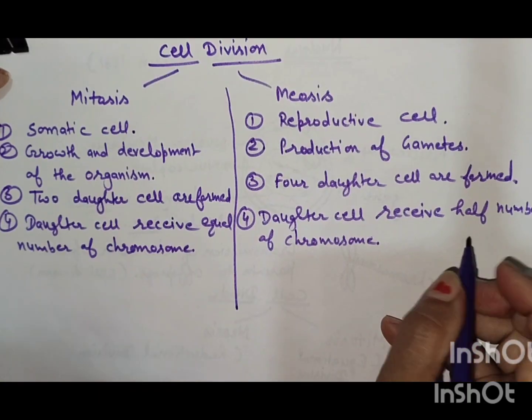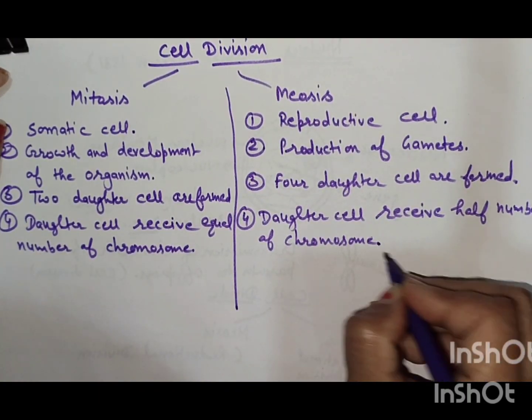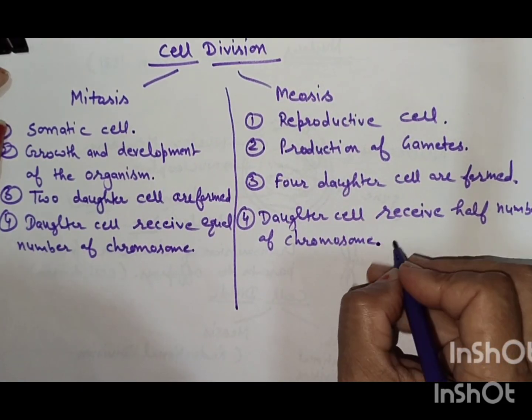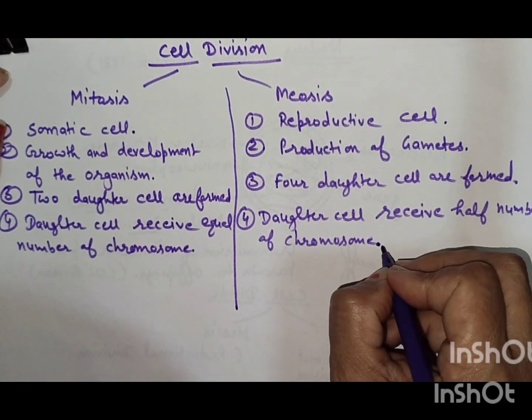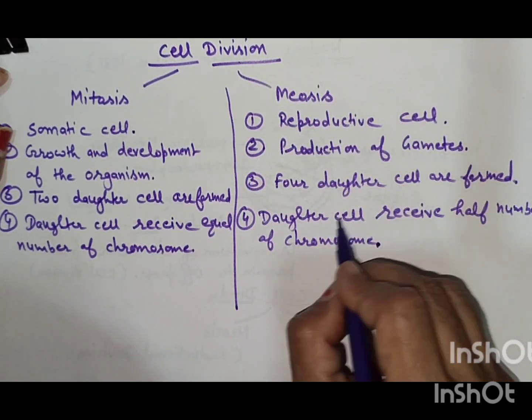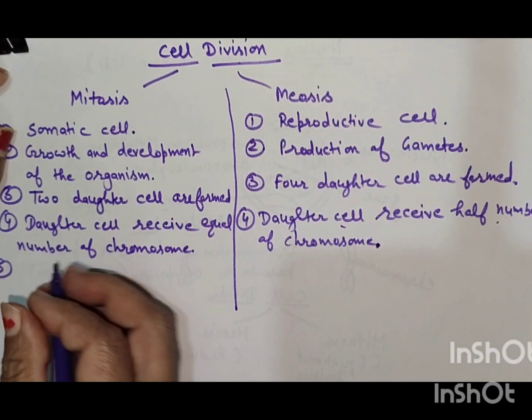Because half is from the father and half from the mother, it will become double, but it can carry some mutation or change in the body or some irregularities in the body. That's why by this process, daughter cells receive half the number of chromosomes.